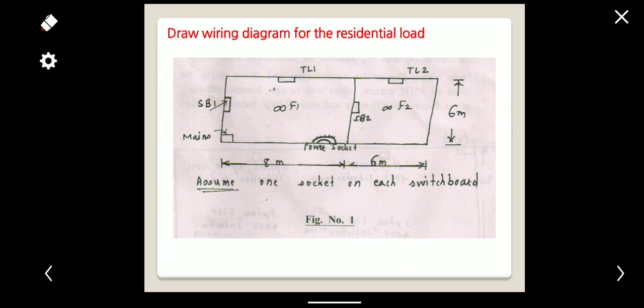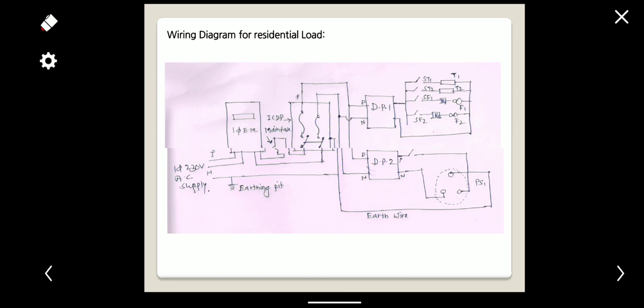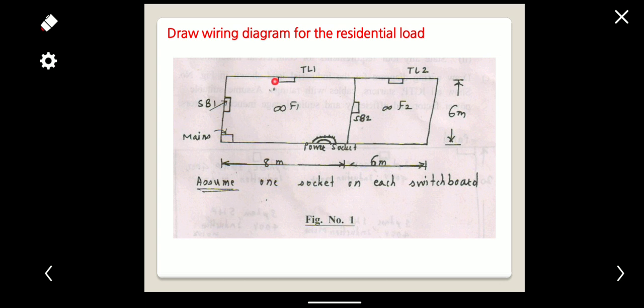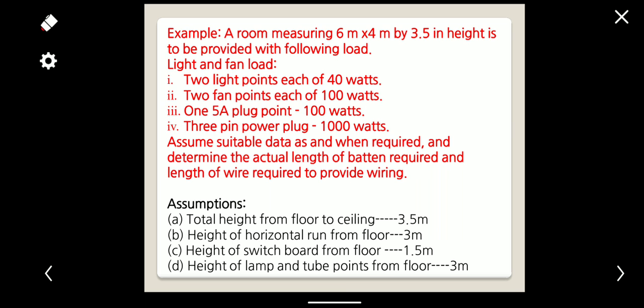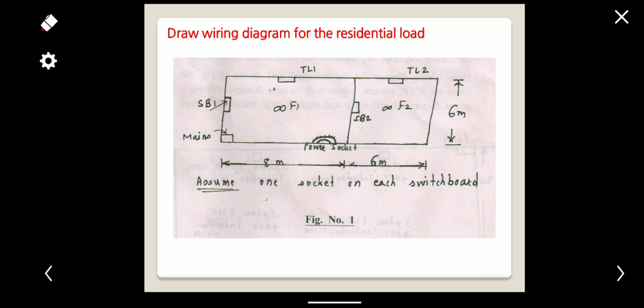In this plan there are two fans, 1 and 2, here with regulators. Then there are two tube lights, this one tube light and this second tube light. So these are the lighting circuit.